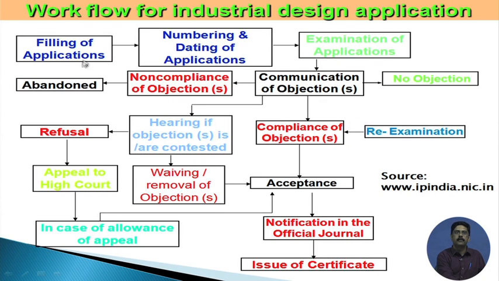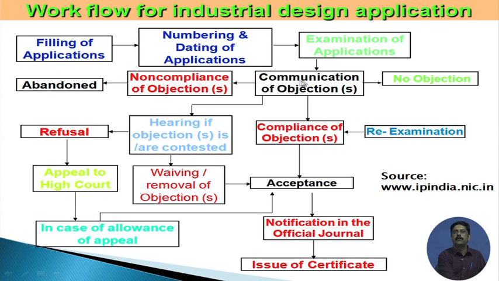Very simple also. After filing an application, they will provide a number and date. From the date of your application, your rights will start. Then comes examination of applications, then communication of objection.